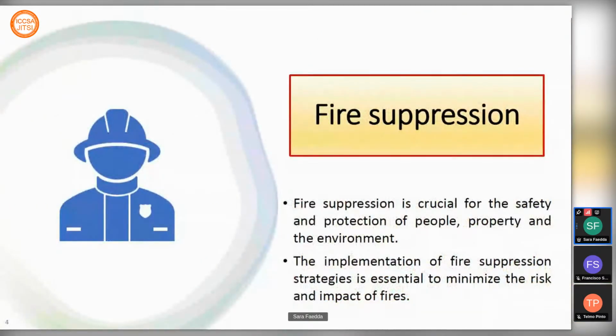So this is the fire suppression that we already heard something about. It's crucial for the safety and protection of people, property, and the environment. So we should implement suppression strategies to minimize the risk.